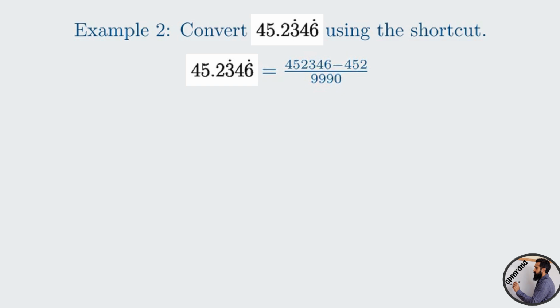Performing the arithmetic, we get 451,894 over 9,990. This reduces to 225,947 over 4,995, which is 45 and 1,172 over 4,995.